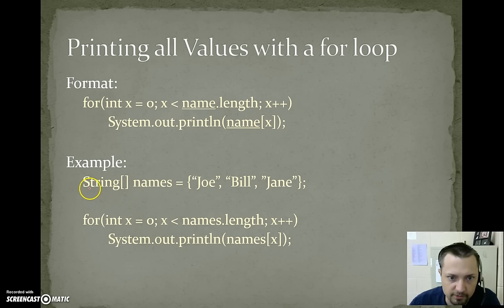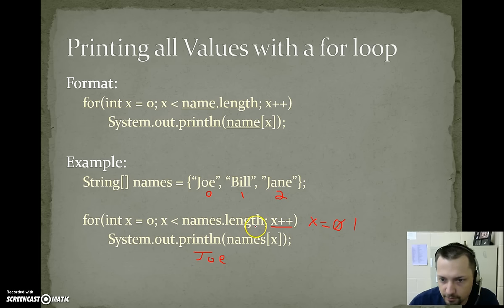Let's see an example of this. String bracket bracket names equals Joe, which is at location 0, Bill, which is at location 1, Jane, which is at location 2. So here if we write x equals 0, is x less than the length, which is 3? Yes. So we would do the for loop, and we would print whatever's at names x, so names 0, and that would print Joe. Then x would be changed by 1, increasing it to 1.